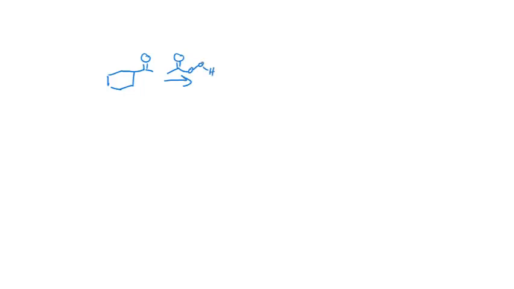So when we take a ketone and we react it with a peroxide or a peroxy acid, we find that we get an oxygen inserted into the C-C bond next to the carbonyl.